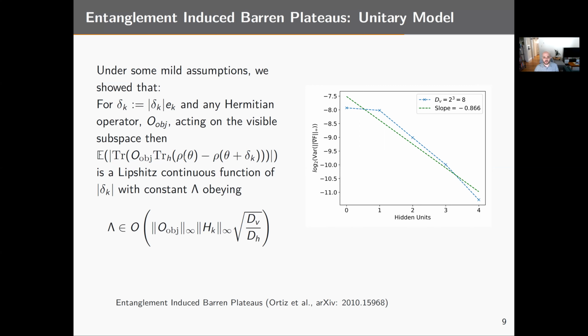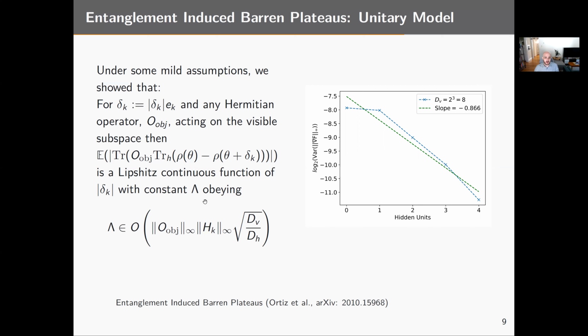So in this case, we're considering the unitary model of states, rho theta minus rho theta plus delta K, so this perturbation.